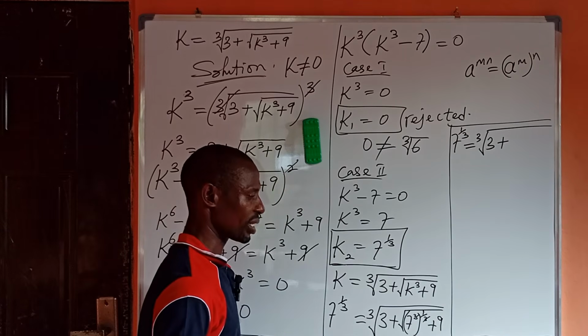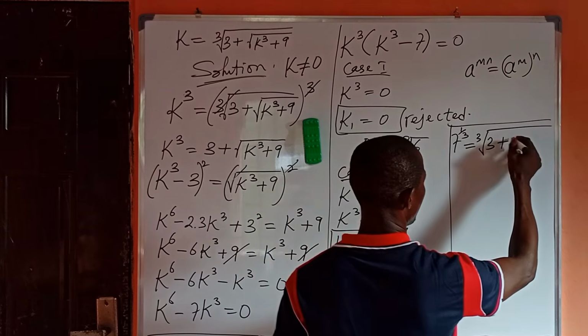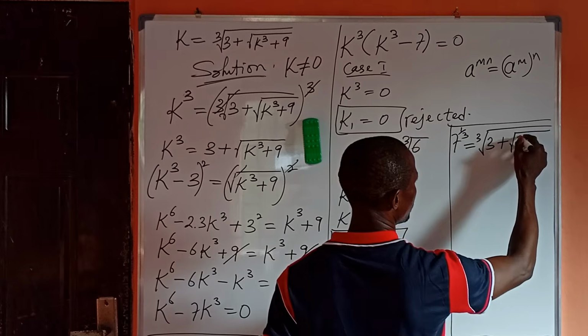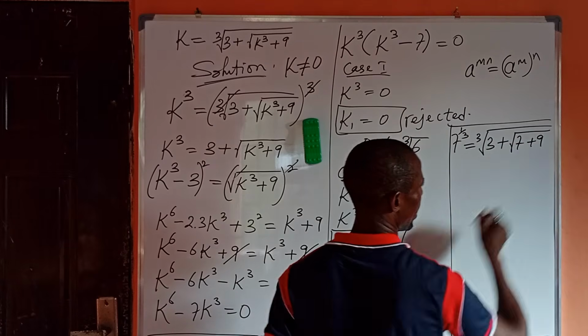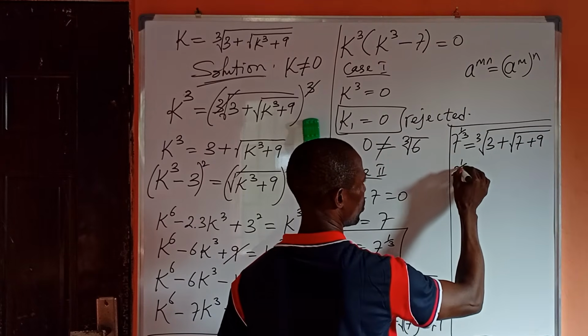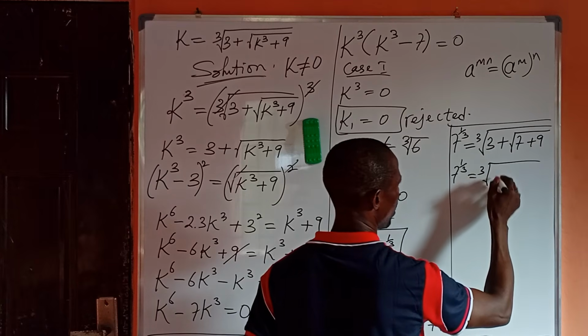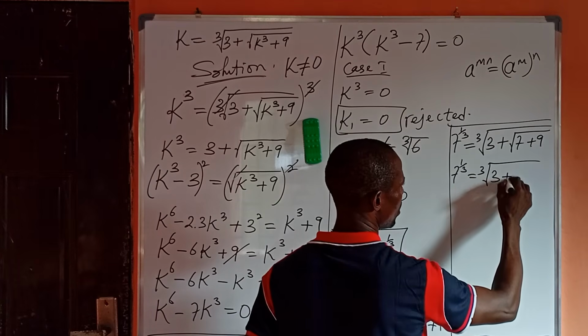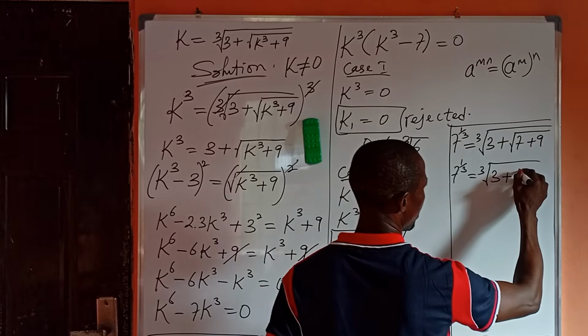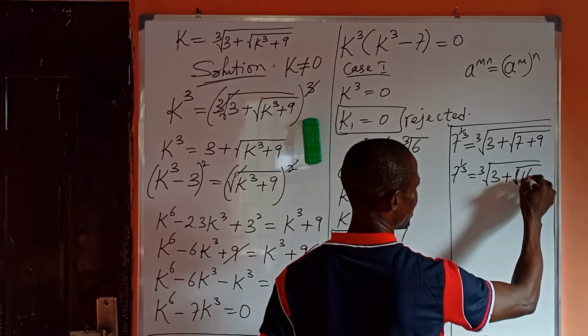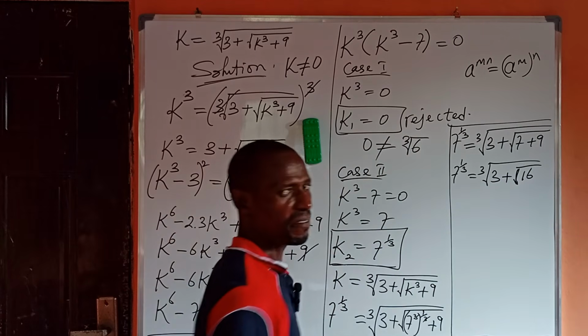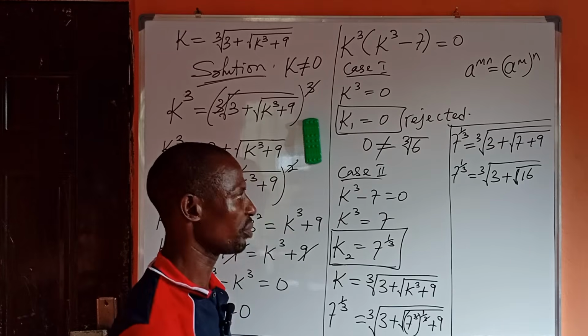So we are left with 7 plus 9, so we have the square root of 7 plus 9. So we have 7 to the power of 1 over 3 equal to the cube root of 3 plus the square root of 7 plus 9. 7 plus 9 gives us 16, and 16 is a perfect square, so the square root of 16 gives us 4.